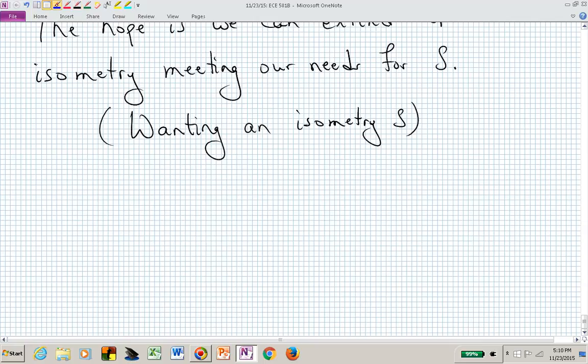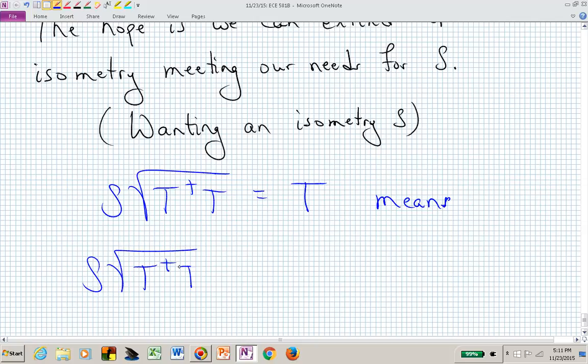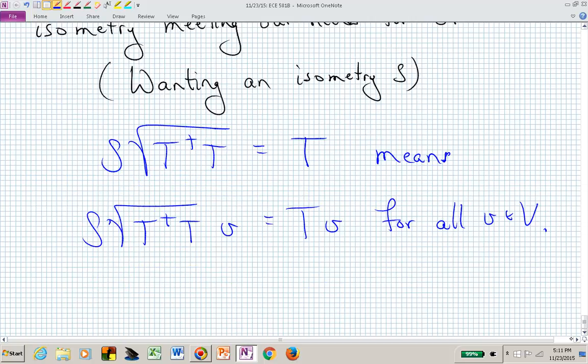So here's another way of thinking of that. We want S, or the fact that we're saying S square root of T dagger T equaling T, what that really means is that S square root of T dagger T V is equal to TV for all vectors in our vector space V. So when we say that we're factoring T into an isometry S, square root of T dagger T, that's really meaning that we have this relationship.